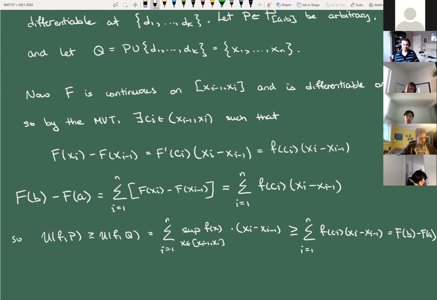Right? Because the f of c_i's are in that interval somewhere. And so the upper sum is definitely bigger than it. And by exactly the same reasoning, the lower sum is also lower than it. Right? And so we're done.